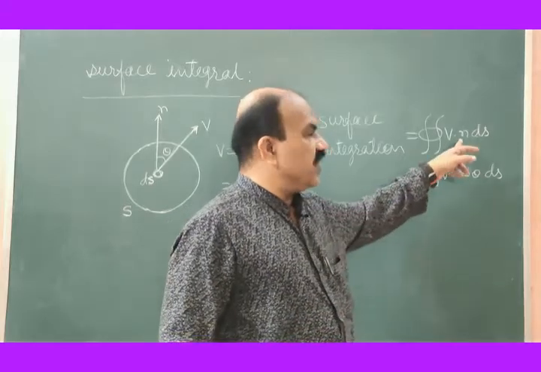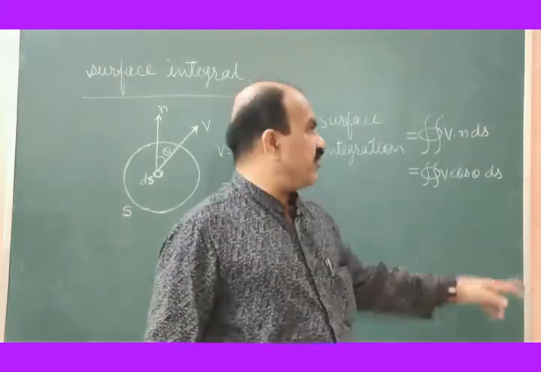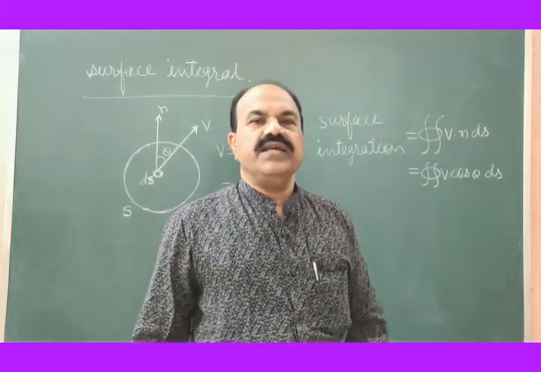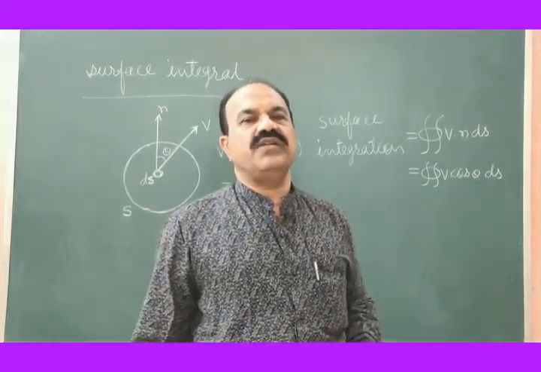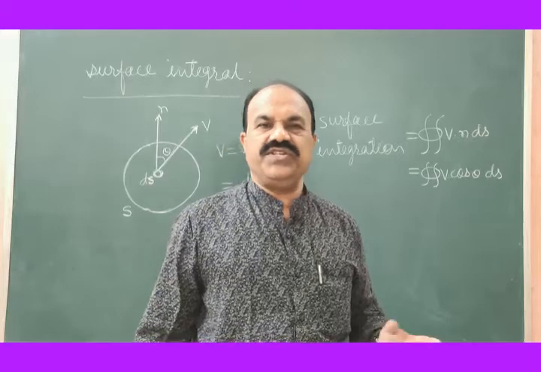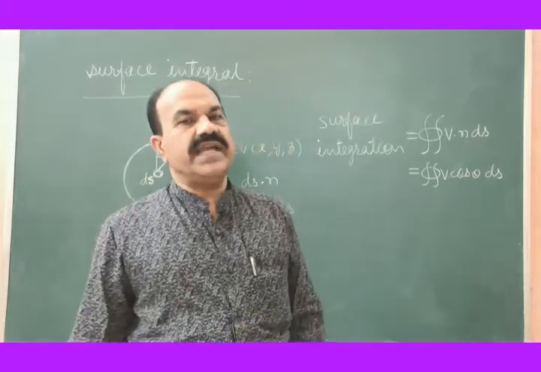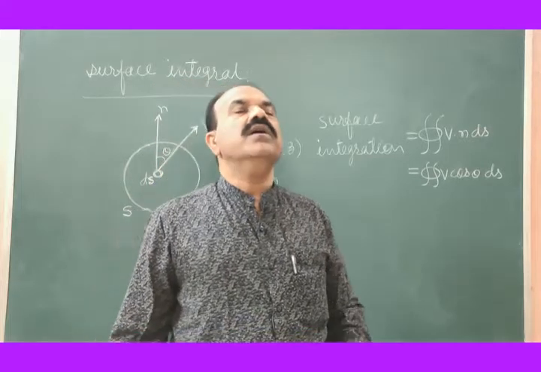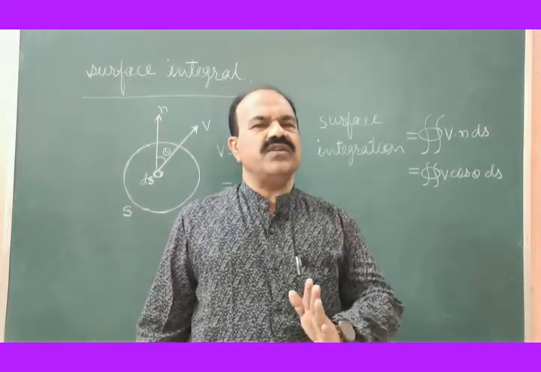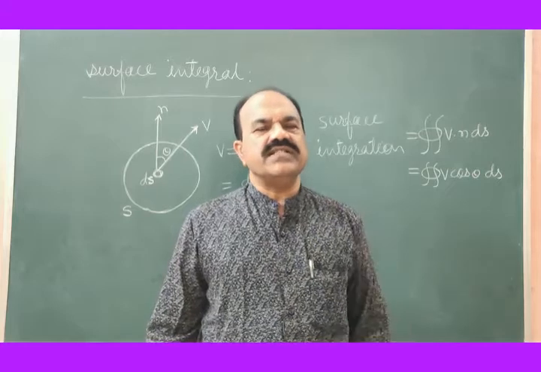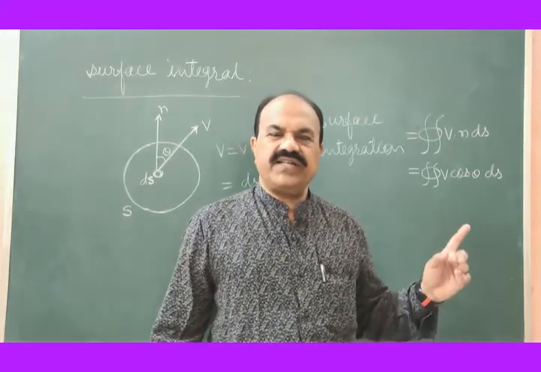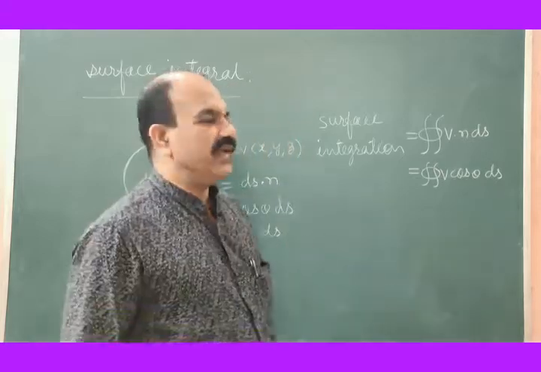Here we have taken the dot product of this vector and this vector. You are also allowed to take the cross product. V is the vector point function, n is the unit vector normal to the surface element under consideration. We can take the cross product of this.